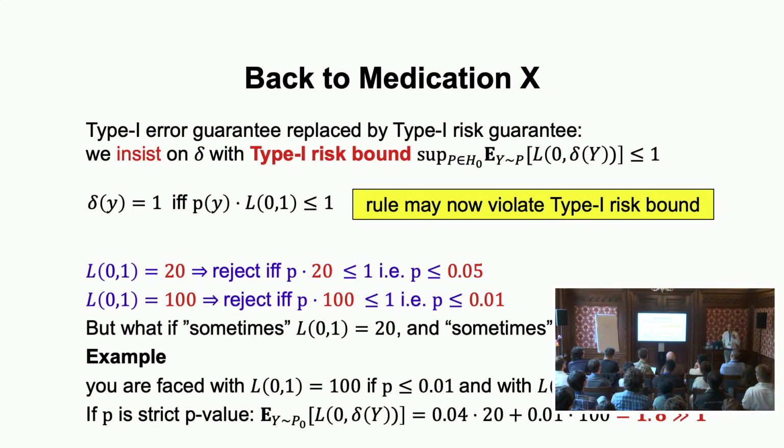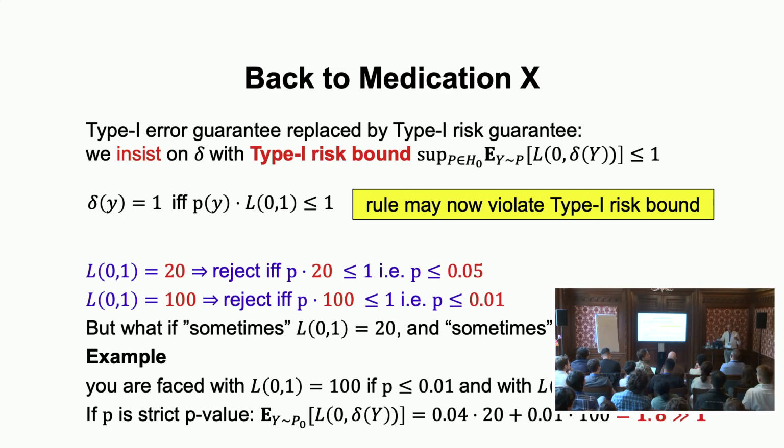For example, if you have a really evil adversary policymaker, which tells you that if your p-value was smaller than 0.01, the cost of rejecting, we're going to build a factory or something, is going to be 100. And if it's between 0.05 and 0.01, it's going to be 20. Then your expected loss with this decision rule, following the p-value: with probability 0.01, you have lost 100.